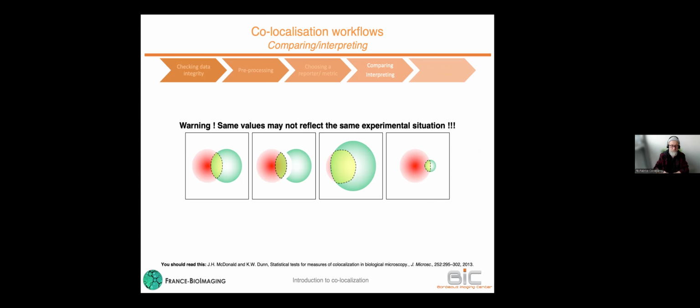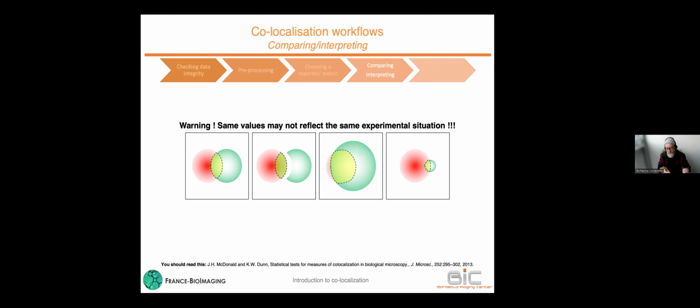So putting some numbers on colocalization is good, but characterizing colocalization is good. But maybe here, to differentiate the different cases, I would also present a distribution of the size of the objects to say, I still have the same proportion of colocalization, but the most important parameter in this study is not colocalization.